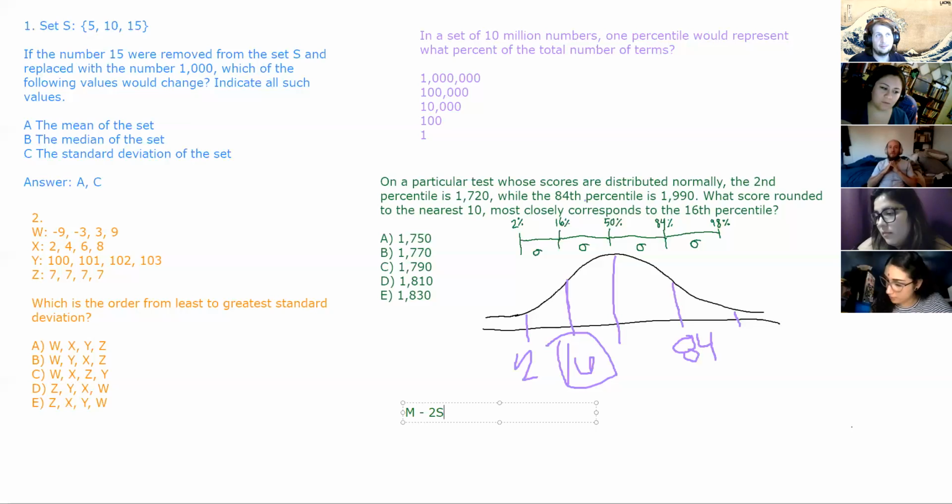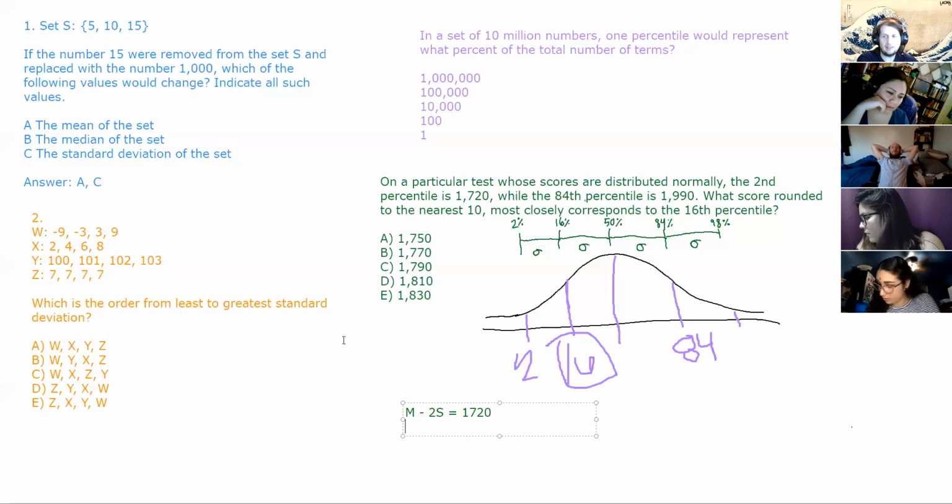That's going to give you one of our special numbers that we're given to solve the problem with. 84? No, I'm sorry, it's going to give you 1720. Yeah. Mm-hmm.